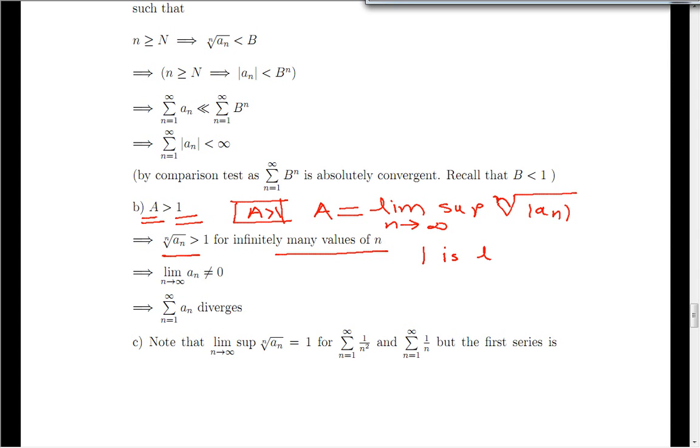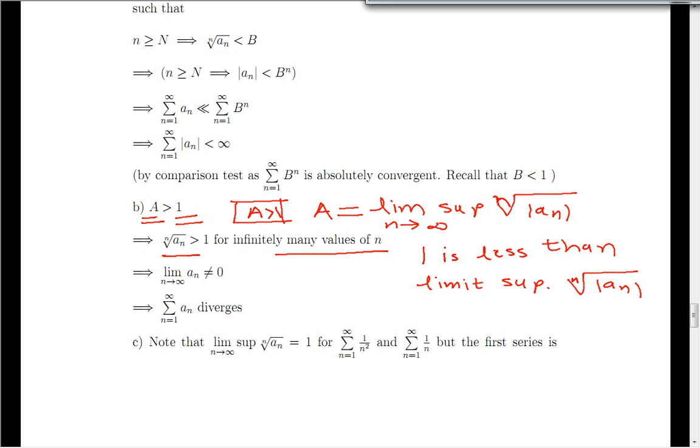Note that 1 is less than limit superior of the sequence nth root of mod a_n. That's why we could write this.